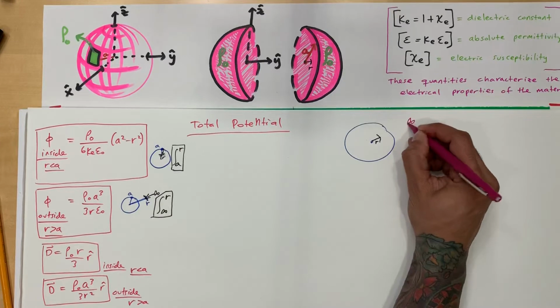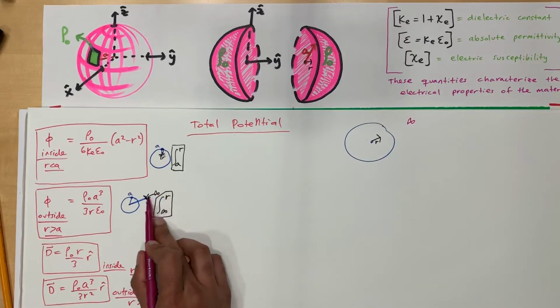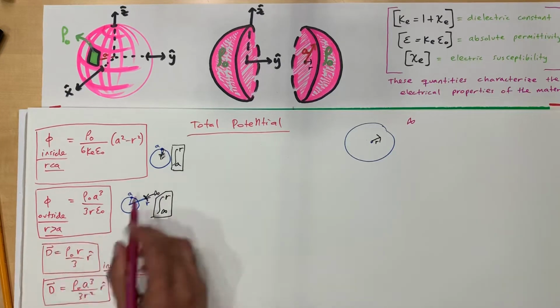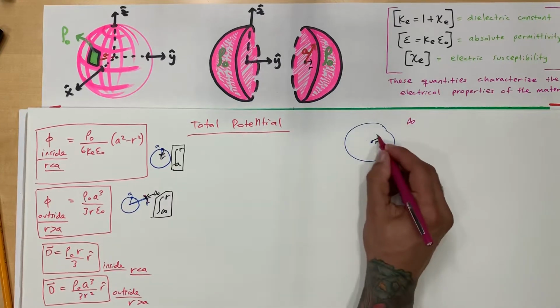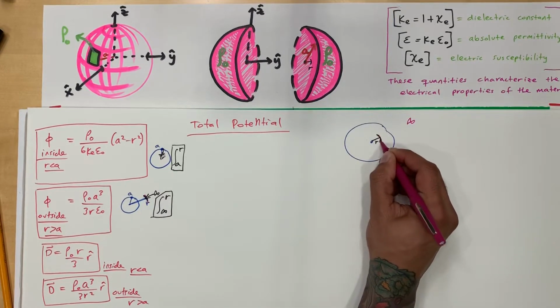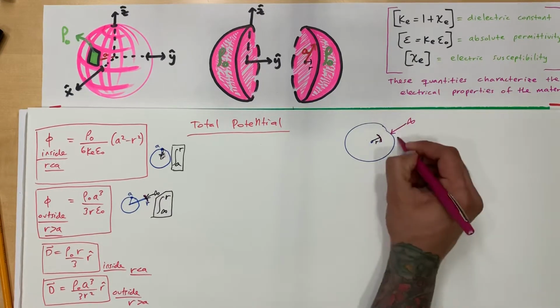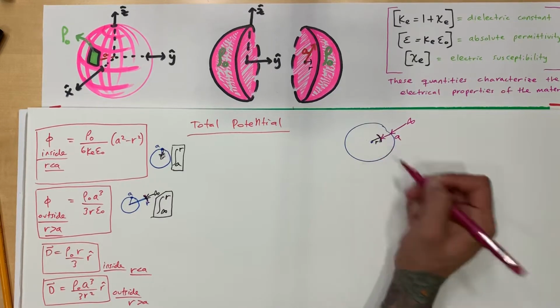So from some distance infinity, like we did here, except here we stop at a value of R because we're checking outside. When we're checking the total potential, meaning R is in here, we're gonna go from infinity all the way to the shell, and then from the shell to that R.